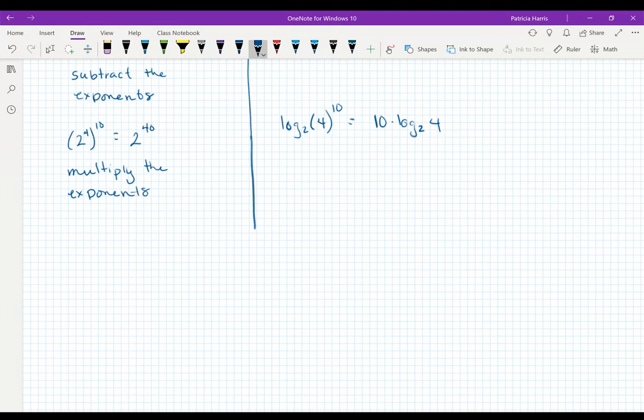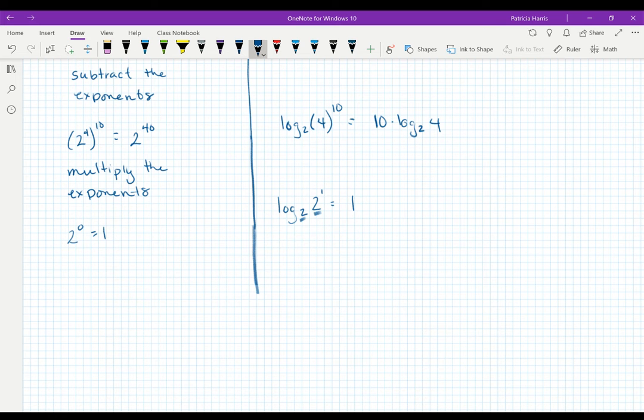Here are other couple ones. If I have 2 raised to the 0 power, I get a 1. And I get a 1 like that. Notice that the bases match, like that.